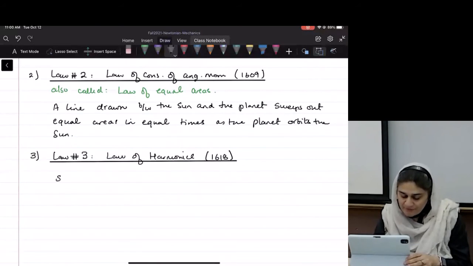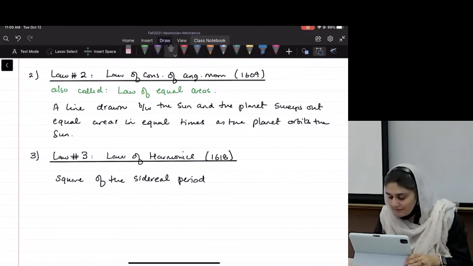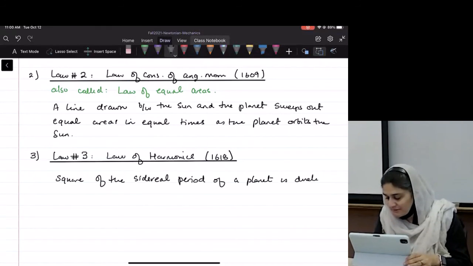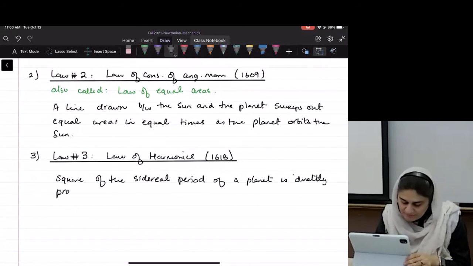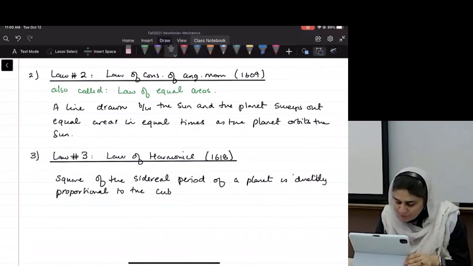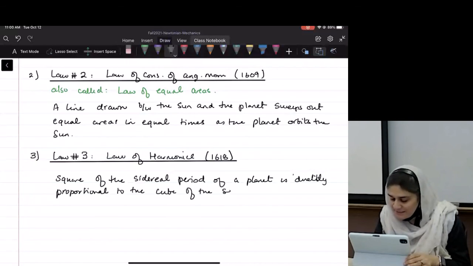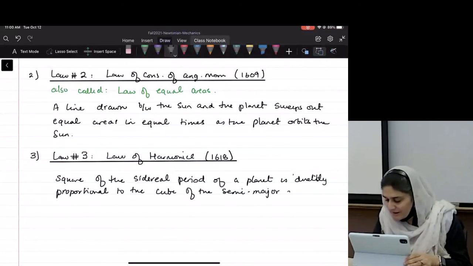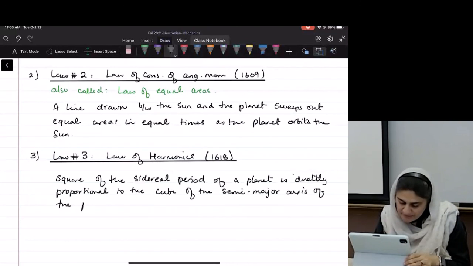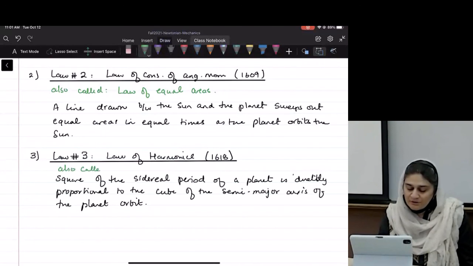This law says the square of the sidereal period of a planet is directly proportional to the cube of the semi-major axis of the planet orbit. This law is also called law of periods.